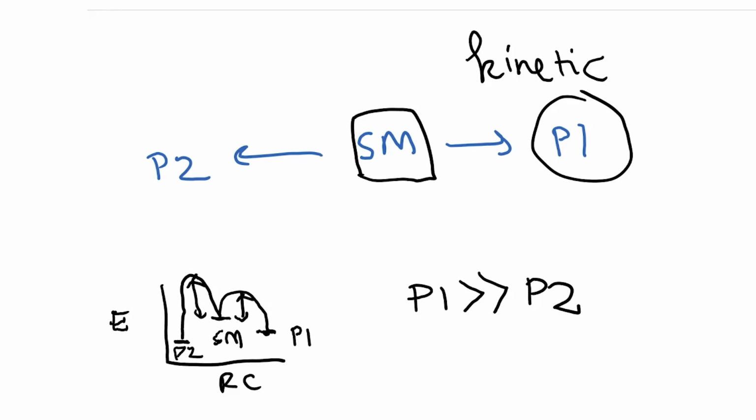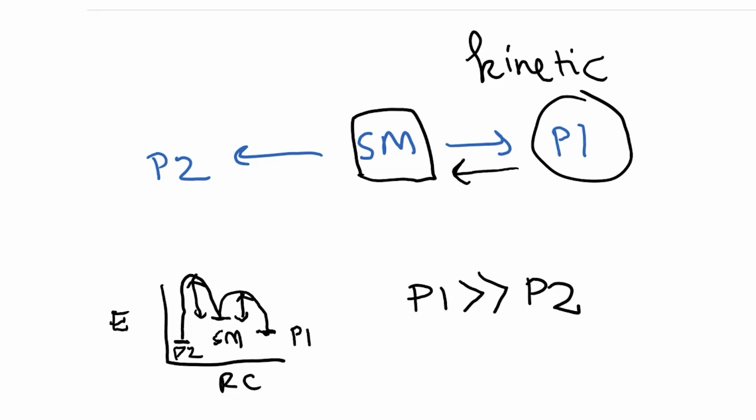Now P2 is never formed if P1 doesn't reverse. So if this is an irreversible reaction, that is, if there is a competition between the formation of P1 and P2, even if you go to higher temperatures, P1 is only going to be the major product, unless it is a reversible reaction.